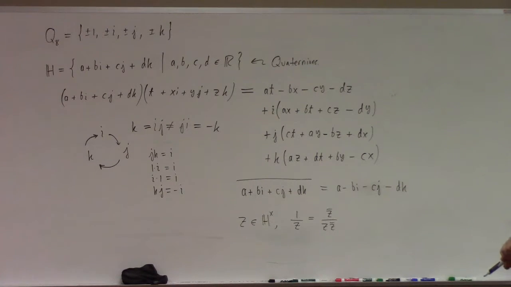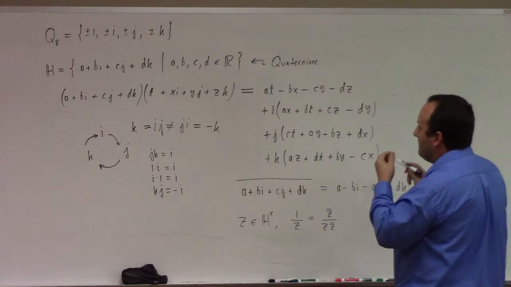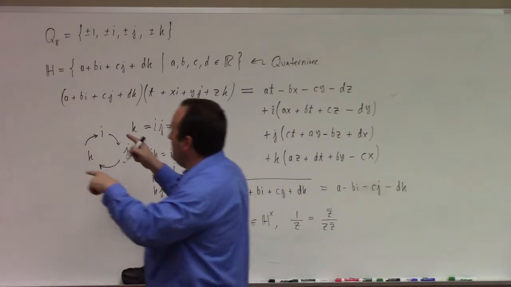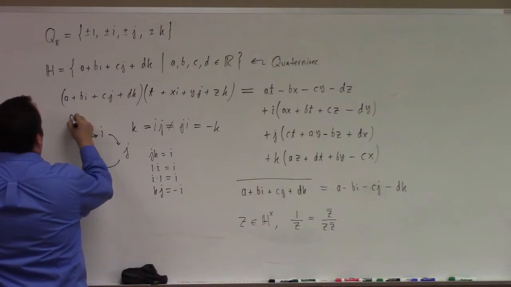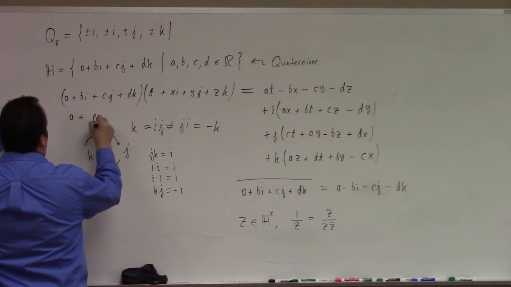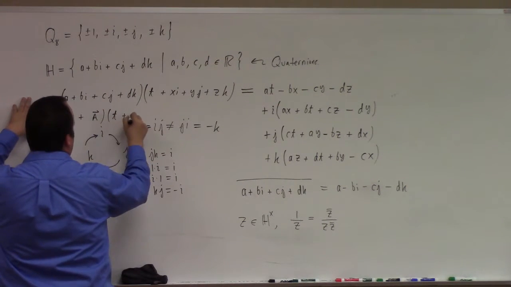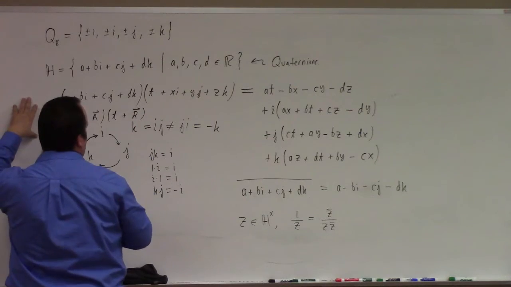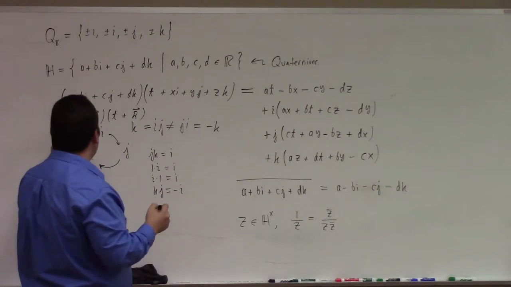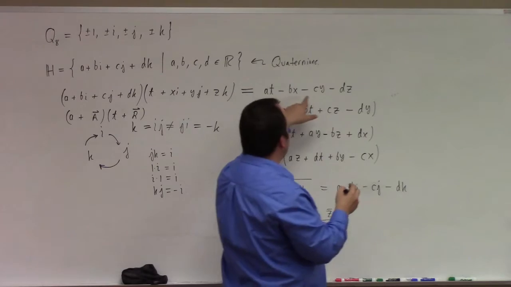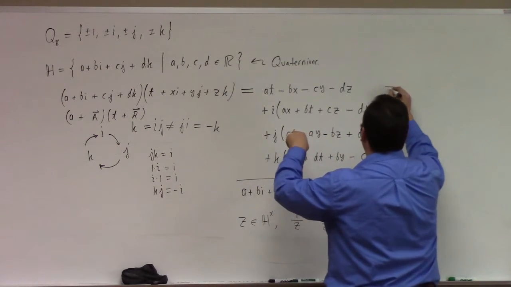But if you tilt your head and squint, you could look at this as a plus a vector times, let's say, t plus r vector, right? And then you start looking over here at what this is. Can you see what this is?